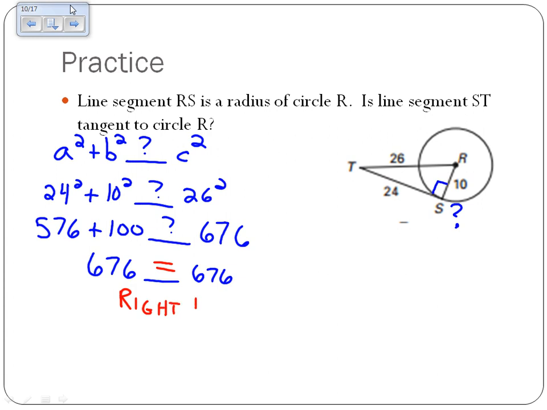But once again, is that what the question asked? Did the question say, is that a right angle? The question said, is it tangent? So then you should also say, ST is a tangent. On your test I just graded, once again, the explanations were a little weak. A little bit better than they were on the quiz, because we've had the time to go over them.